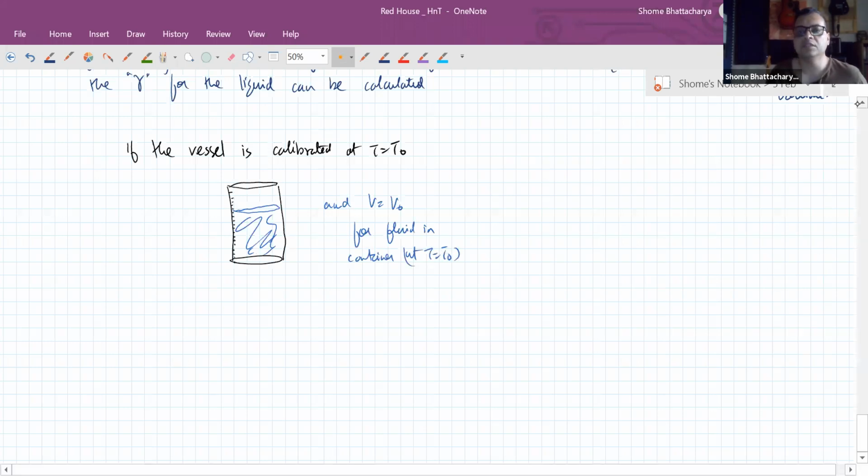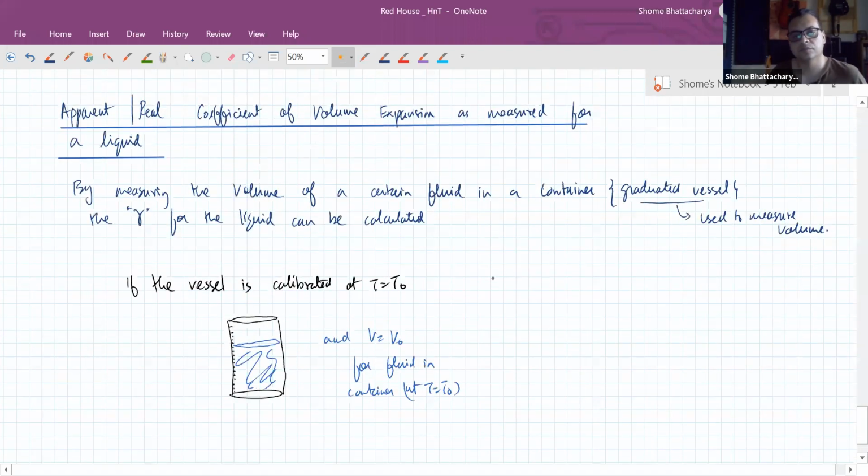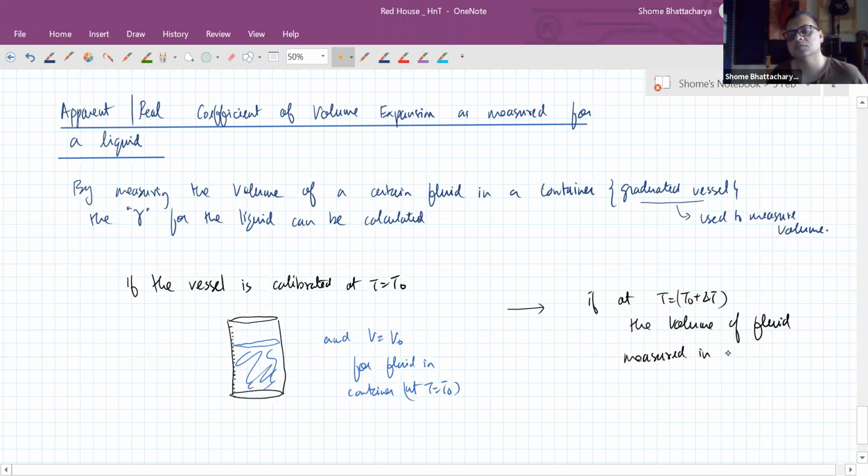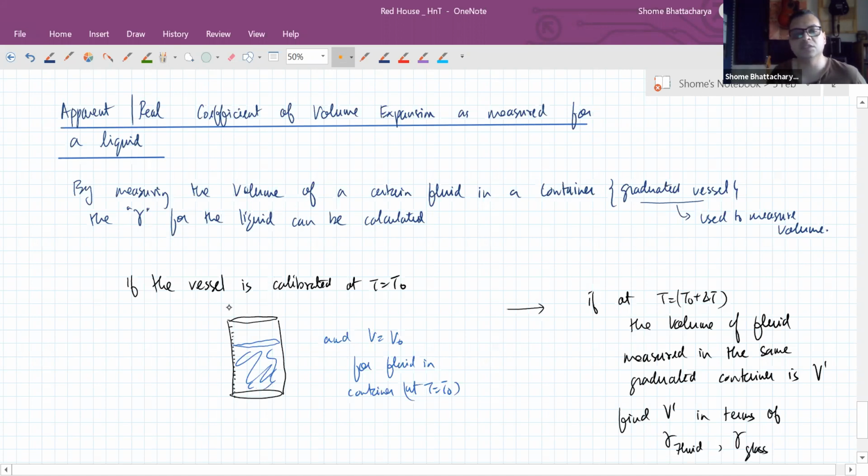Now, when the temperature increases, if at T equal to T naught plus delta T the volume of fluid measured in the same container is V prime, suppose, then find the relation in terms of the gamma of the fluid and the gamma of the glass, assuming it's a glass vessel.